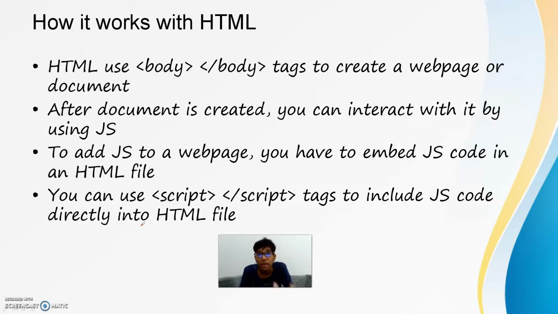To do that, you have to embed your JavaScript code into an HTML file. You can do that by using the script tag, as shown in the slide, to include the JavaScript code in the HTML file. Usually script tags are used in the HTML body tag to get the best JavaScript code possible.